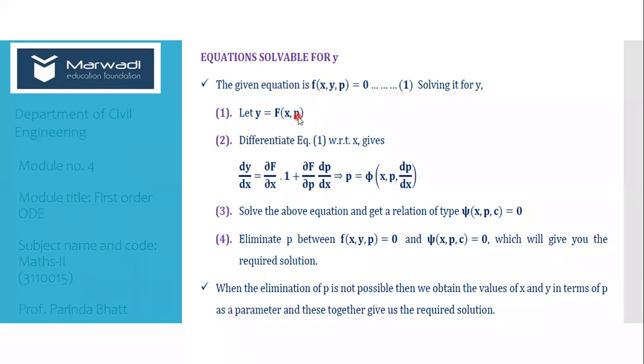Now the second step, differentiate equation number 1 with respect to x. That gives us dy by dx equal to del f by del x into 1.